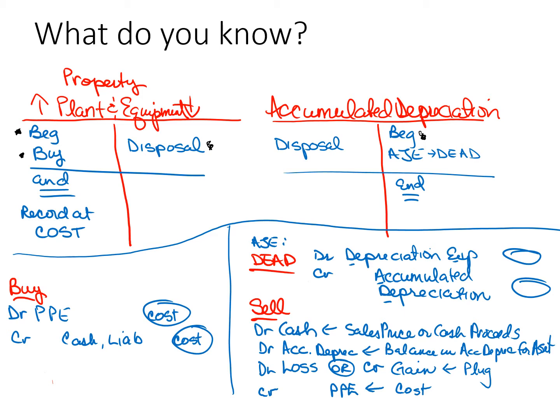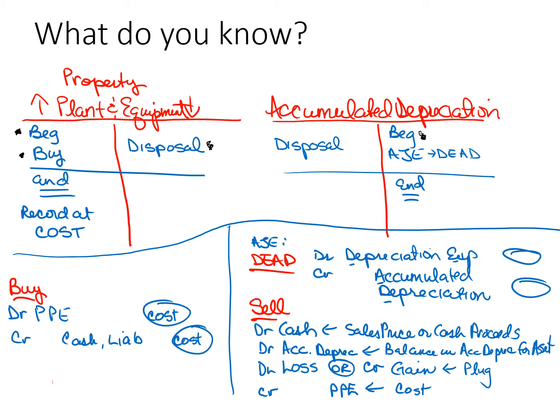It would be reduced or debited by any disposals of property, plant, and equipment that year, and the disposal amount is the accumulated depreciation on the asset that you disposed of through the date of disposal to come up with the ending balance.